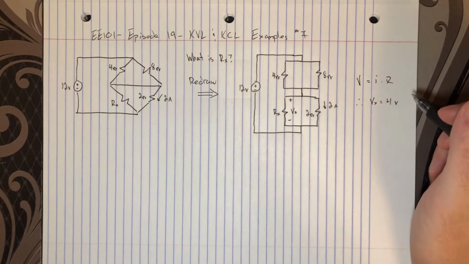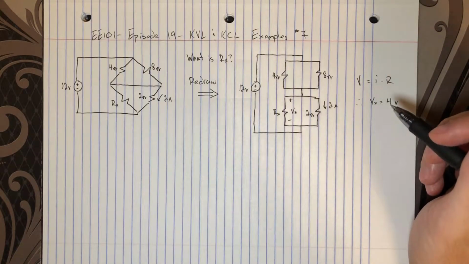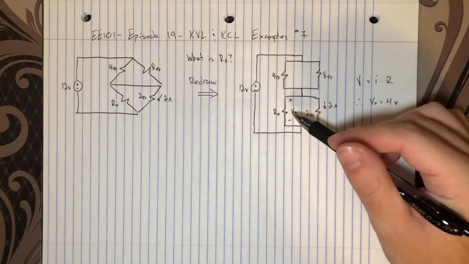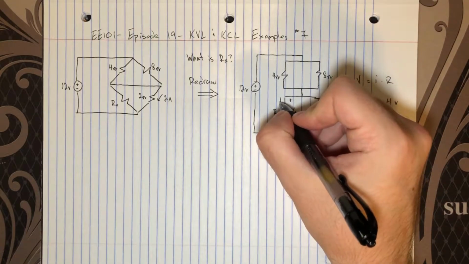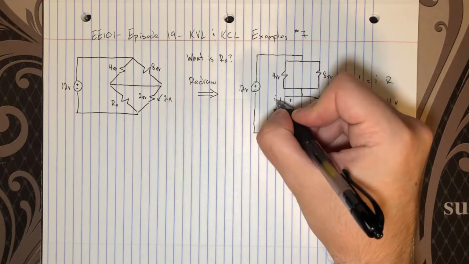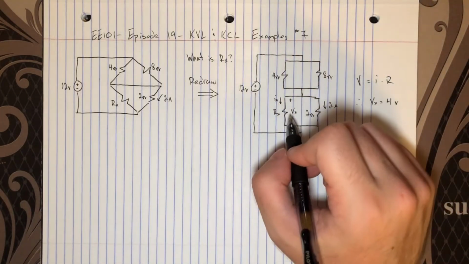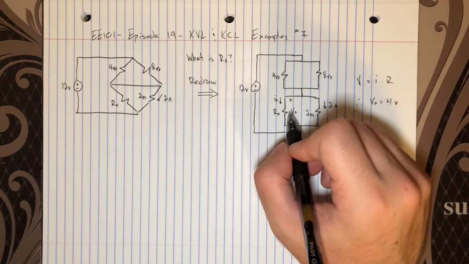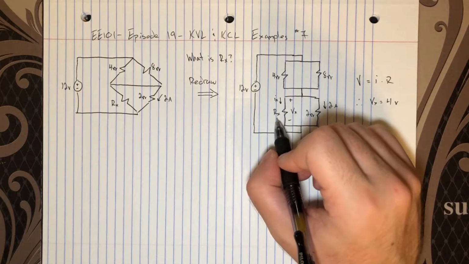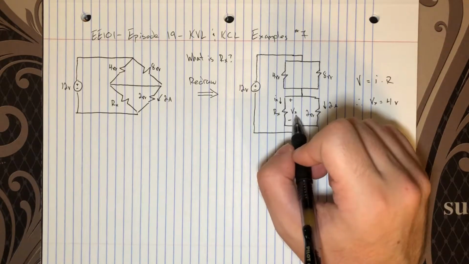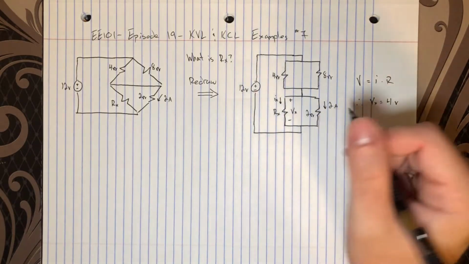Okay, that's fantastic. But the next thing is, okay, we have Vx, but in order to calculate Rx, we also need to know its current. We need Ix, because by Ohm's law, Vx divided by Ix, that volt-amp ratio, will tell us Rx. That's the definition of Rx, the ratio of Vx to Ix.